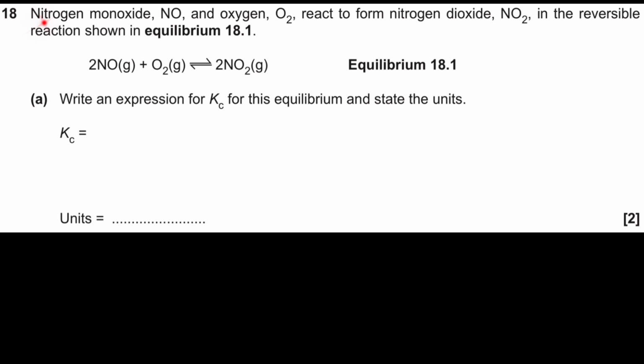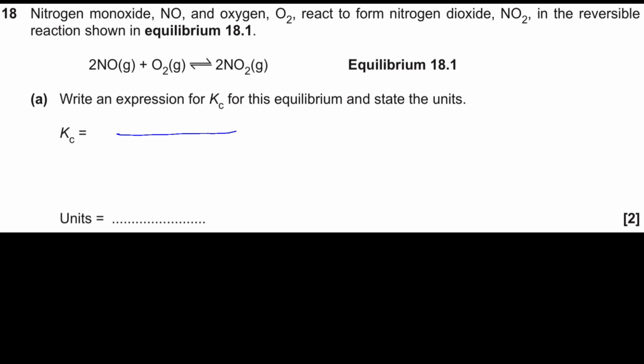Question 18. Nitrogen monoxide, NO, and oxygen gas, O2, react to form nitrogen dioxide, NO2, in the reversible reaction shown in equilibrium 18.1. Write an expression for Kc for this equilibrium and state the unit.